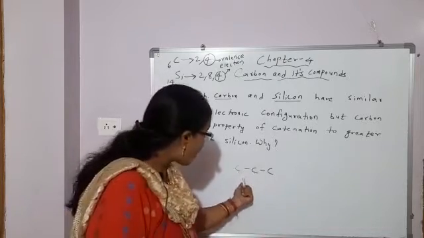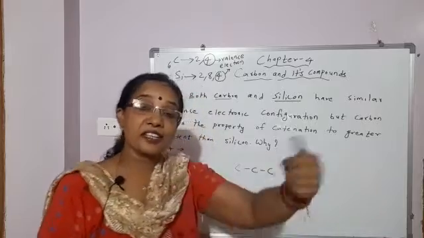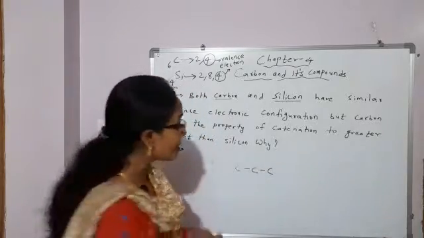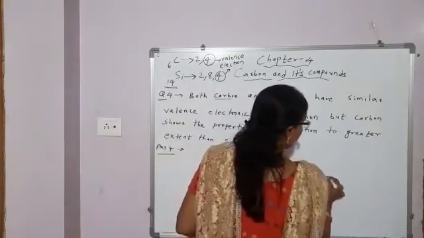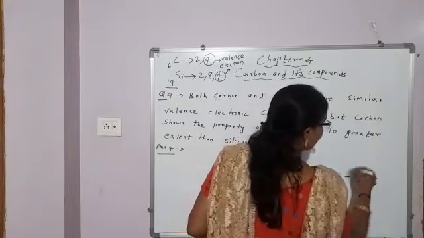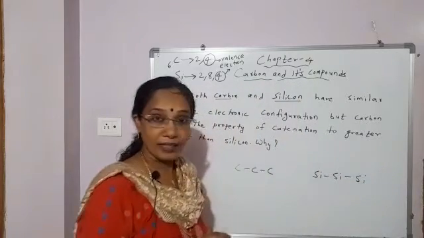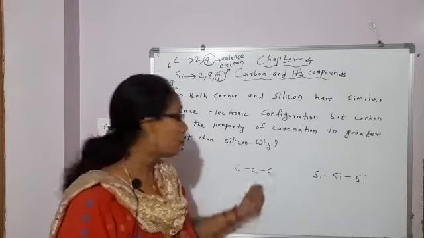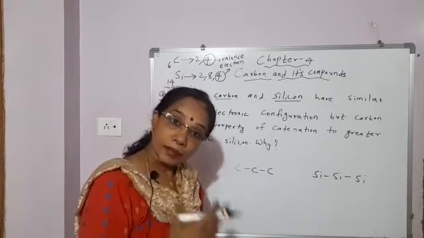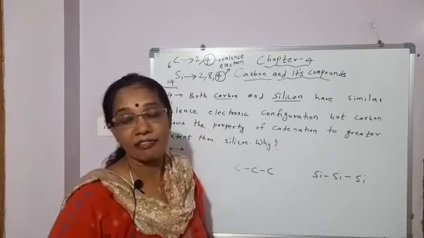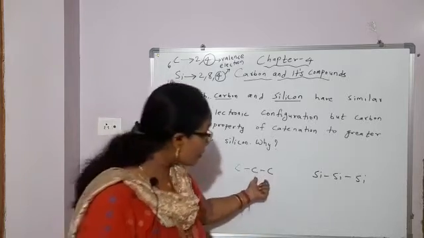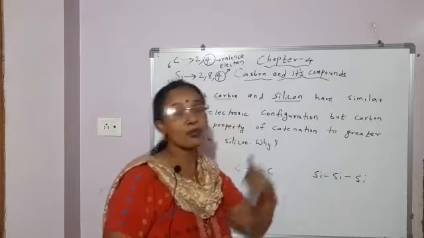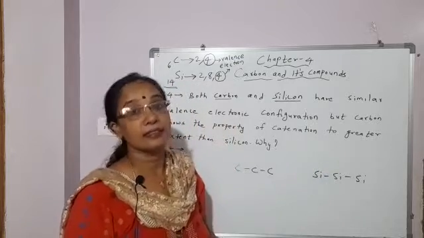So why does carbon show catenation to a larger extent than silicon? Silicon can also self-link, but only 8 to 9 silicon atoms, while around 100 carbon atoms can self-link.